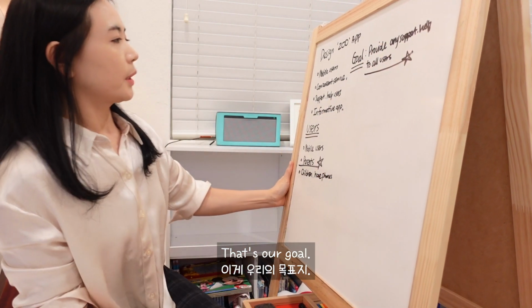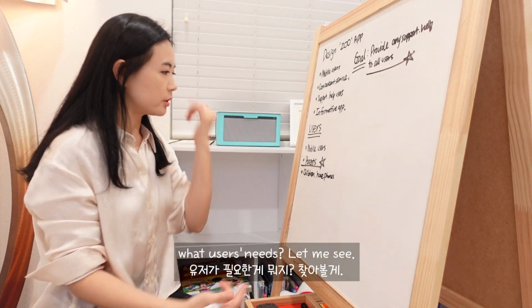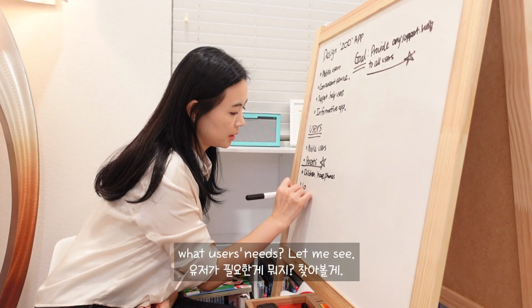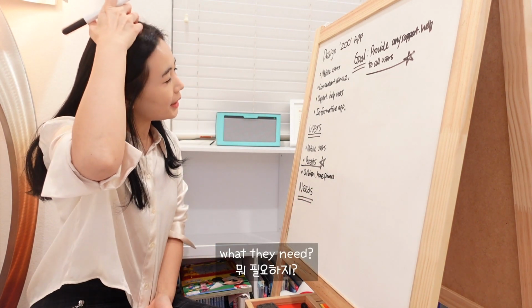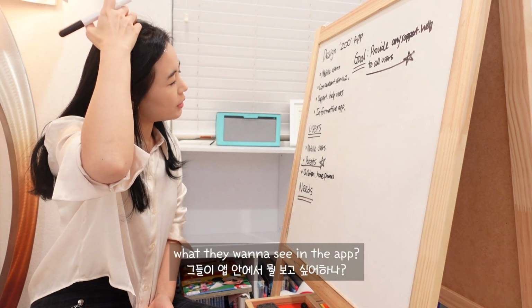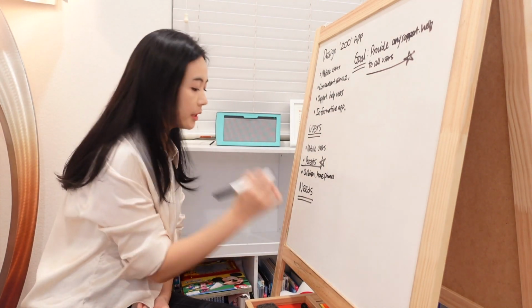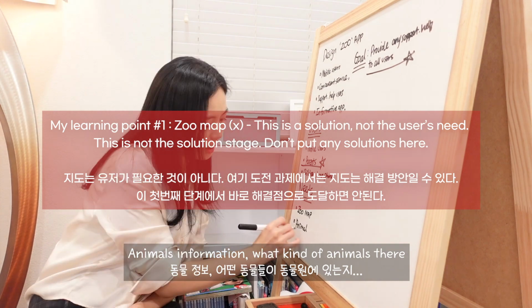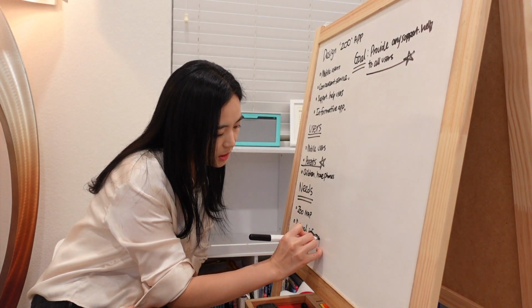Okay. And then what information is in the app? What do users need? Okay, let me see. What they want to see in the app: they need the zoo map, animal information, what kind of animals are there.